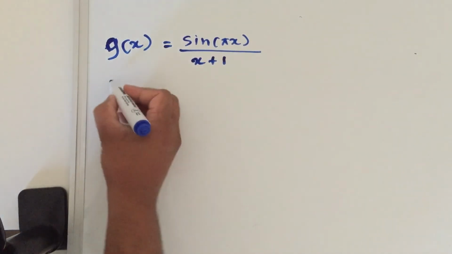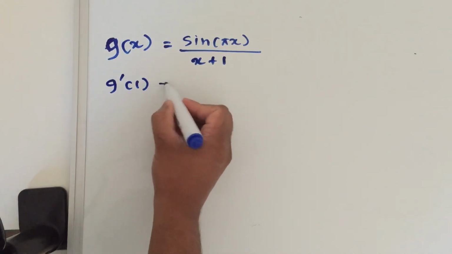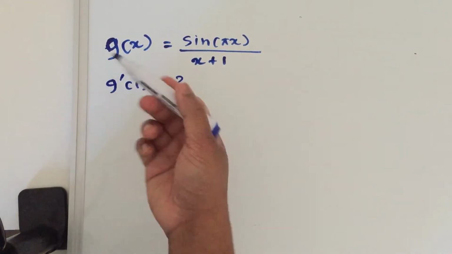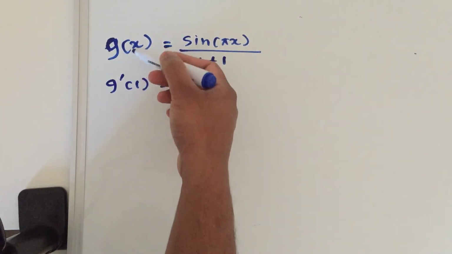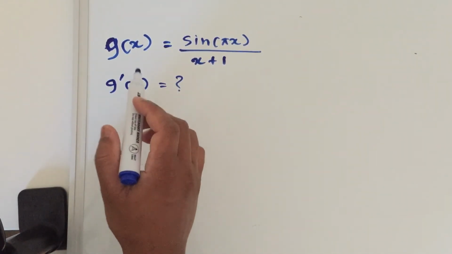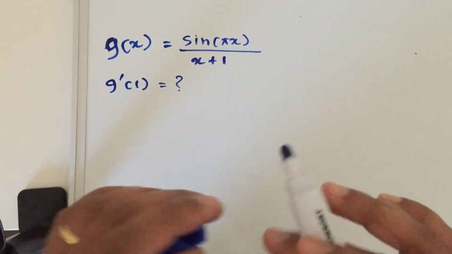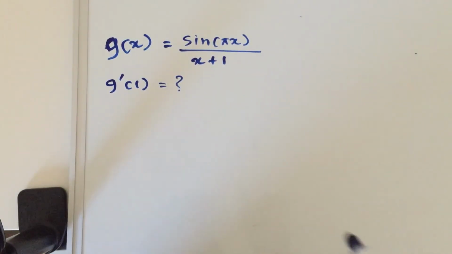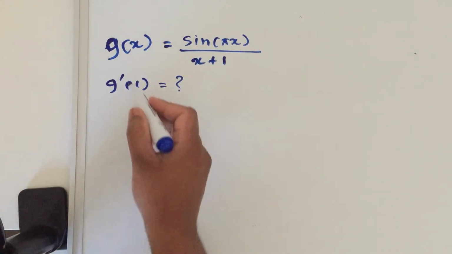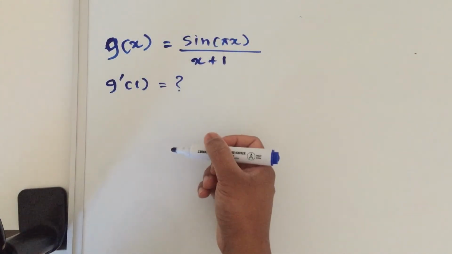So when you see this notation, you know the derivative, instead of the general equation, they want us to find at a specific point, at 1. When they give us a derivative or integral at a specific point, it always has to be a numerical value, right? So here, the derivative of g at 1.